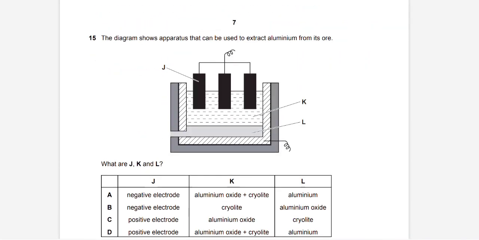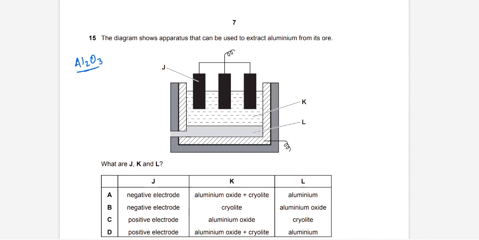The diagram shows apparatus that can be used to extract aluminum from the ore. We can see here, so what is the J? J is an anode. Actually this is aluminum oxide, Al2O3.